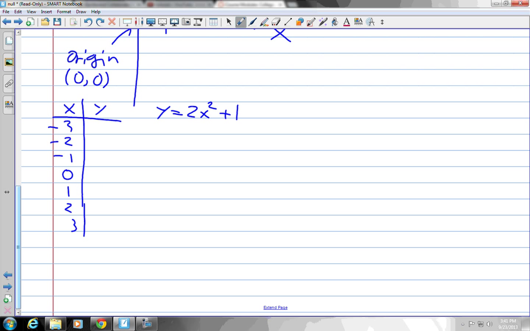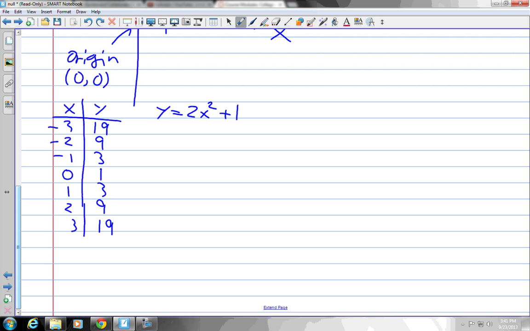And now we're going to take each one of those x values, substitute it for x in our equation, and find the y value. How many of you have done that, by the way? Yeah, all right. But anyways, so -3 squared is 9 times 2 is 18 plus 1 is 19. -2, so we got 9, -1, you get 3, 0, you get 1, and then you'll get the same values.